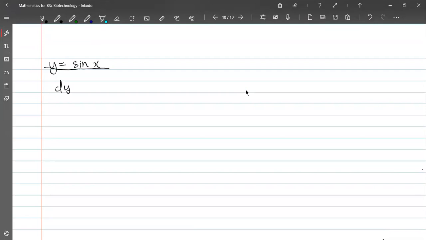So I will write the answer here. The derivative of sin x is cos x. Again, to prove it, we use the first principle approach.